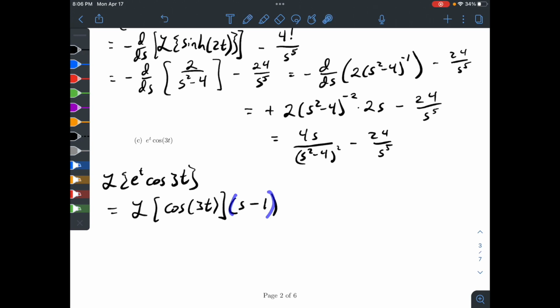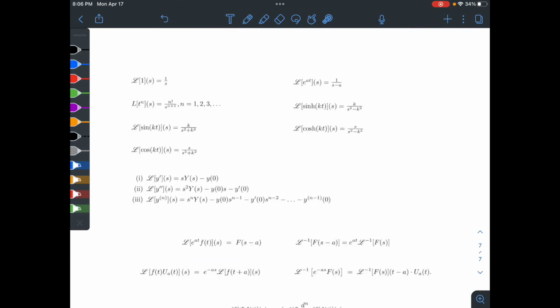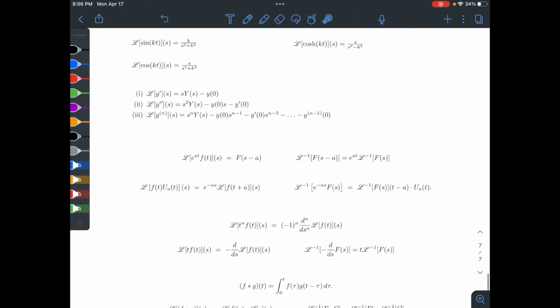Remember that this notation means function composition. Just looking at the formula that I'm using here, you could think of this as: capital F of s is your Laplace transform of little f. So you figure out what that Laplace transform is, and then you just plug in s minus a instead of s.